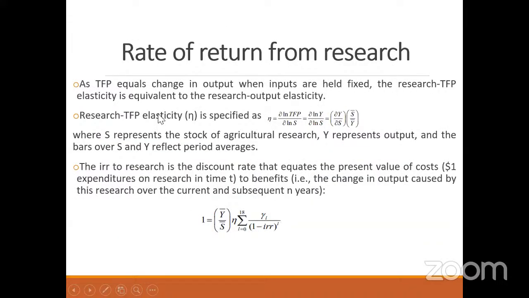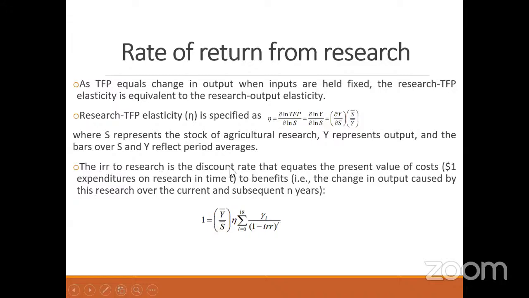This will help in calculating the internal rate of return from research. As TFP equals change in output when inputs are held fixed, the research TFP elasticity is equivalent to research output elasticity. Research TFP elasticity is specified as N equal to change in log of TFP divided by change in log of research stock, where S represents stock of agriculture research, Y represents output, and the bar over S and Y reflects the period average.